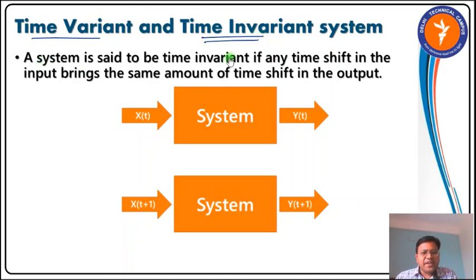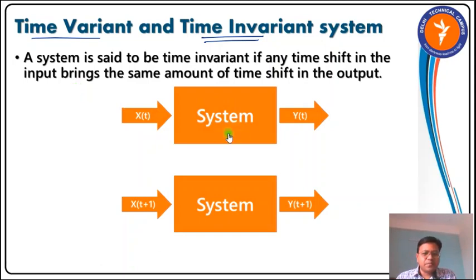I will define time invariant system, then automatically the reverse of it will be time variant. A system is said to be time invariant if any time shift in the input brings the same amount of time shift in the output. That is, if we shift the input signal, then the same amount of shift should be processed into the output as well.